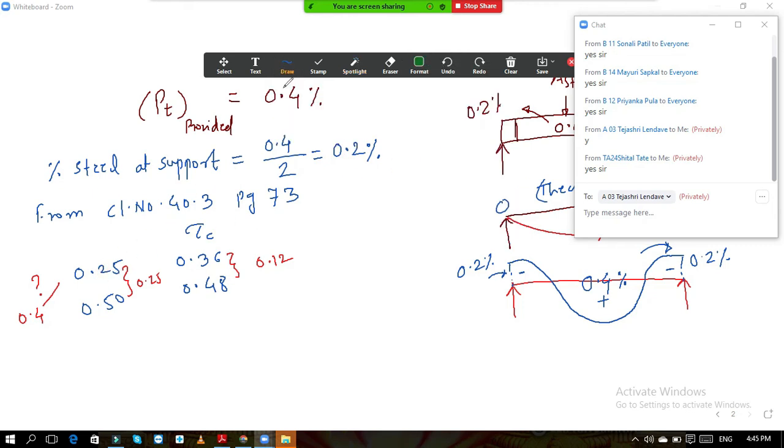It is 0.4 minus 0.25, which is 0.15. So the simple interpolation is, for 0.25% difference, the difference in tau c is 0.12. So for the difference of 0.15, what will be the value?